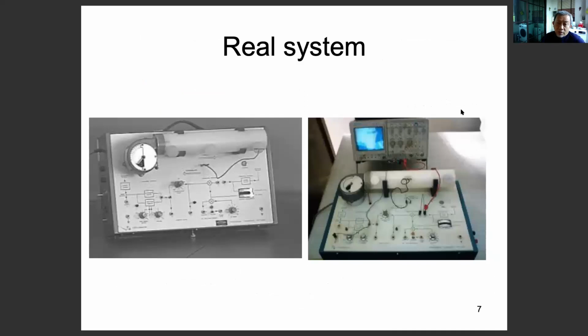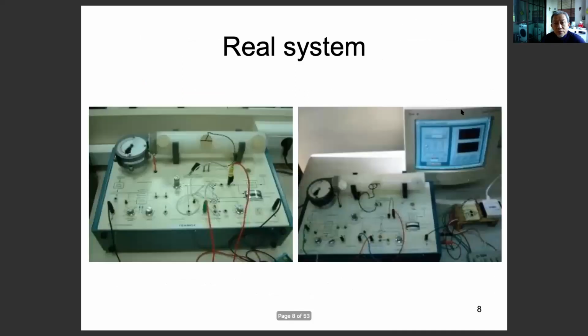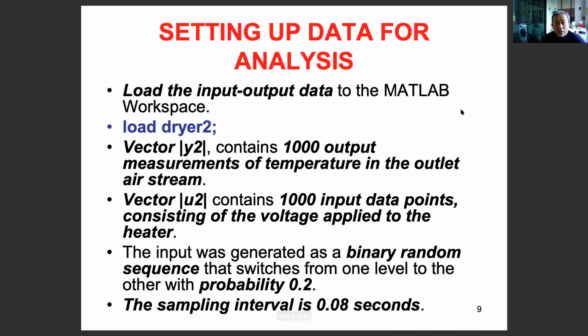So this is the real system in the laboratory where we capture the data. Then in order to use MATLAB, there are two ways. One is by MATLAB command, using code, which we write at the MATLAB command prompt, by typing load dryer2, because dryer2 is the data given by MATLAB for hot air blower system testing.